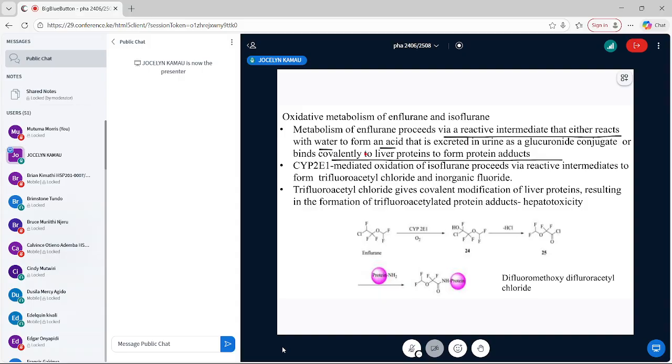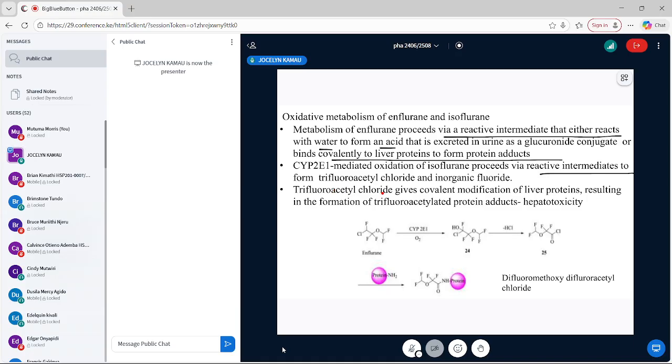So I think that is quite okay. Again, the metabolism is characterized. Cytochrome 2E1 is never a good enzyme. Remember that enzyme, even when we were discussing metabolism of paracetamol, the cytochrome 2E1 was still a very dangerous enzyme. Cytochrome 2E1 mediated oxidation of isoflurane, and this is the same one that was catalyzing metabolism of halothane, proceeds via a reactive intermediate to form trifluoroacetyl chloride. This is not correct.